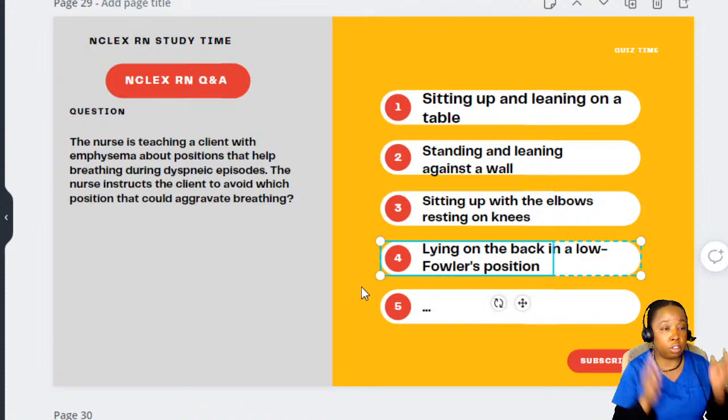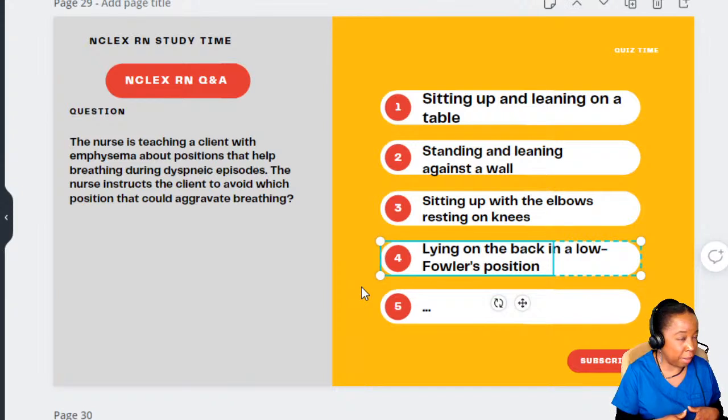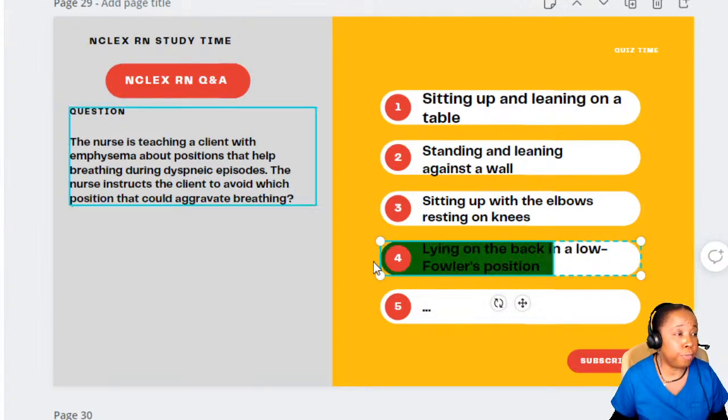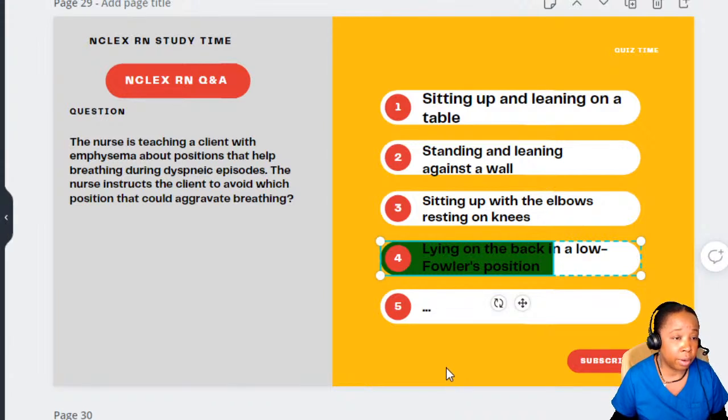And when we are so deep in the question and the answers, we forget that we have to look for something that makes it worse. You see what I mean? You're going to have a lot of questions like this. So what will make the patient feel worse is number 4. If the patient is lying down, of course the patient will not be able to breathe.